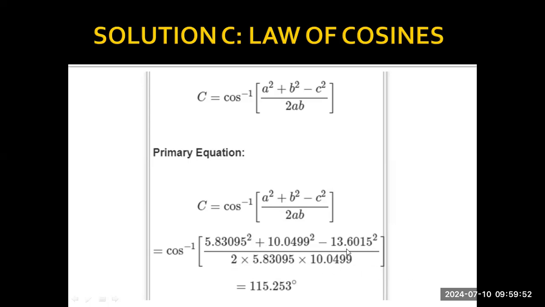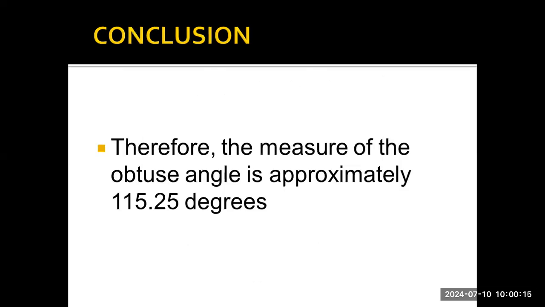So if you divide the numerator quantity by the denominator quantity, you get the inverse cosine of the quotient. So the result will be 115.253 degrees. So this is the conclusion. Therefore, the measure of the obtuse angle is approximately 115.25 degrees.